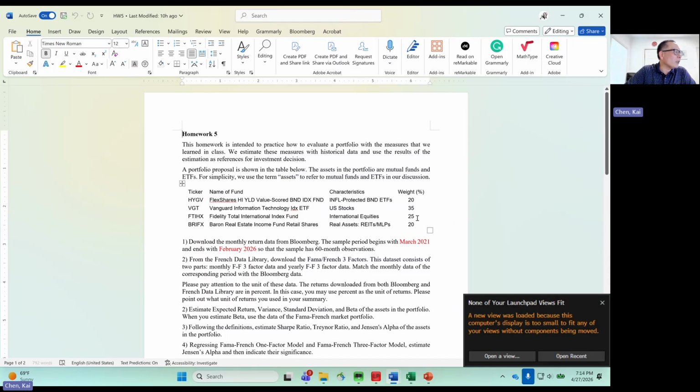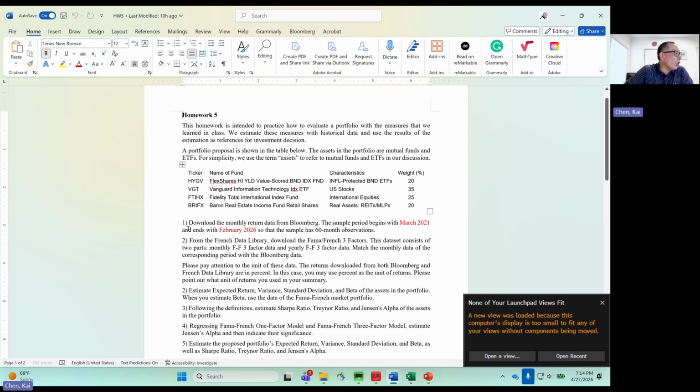And the third one, FTIHX, accounts for 25%. And the last one, BRIFX, accounts for 20%. So we have this portfolio, and now we're going to evaluate the performance of this portfolio.